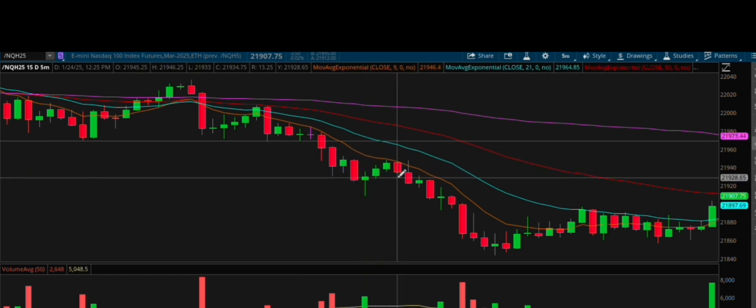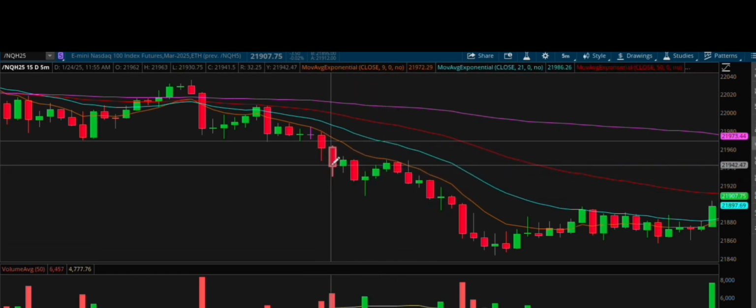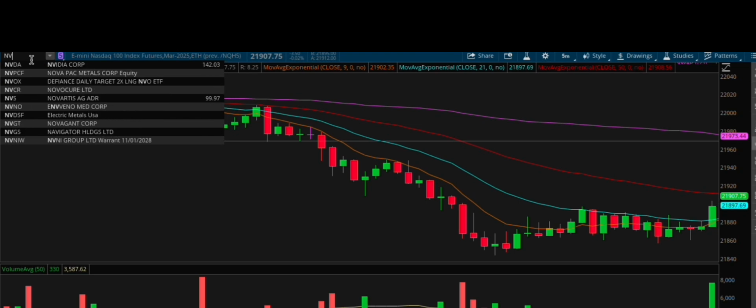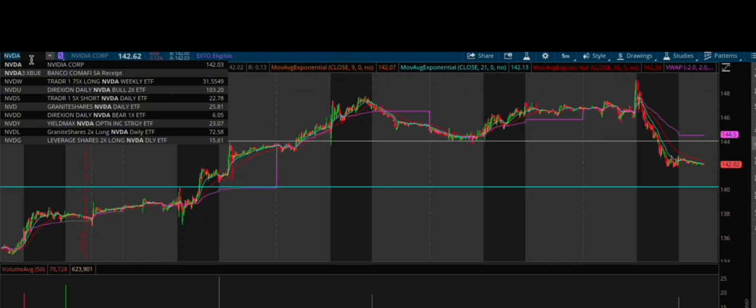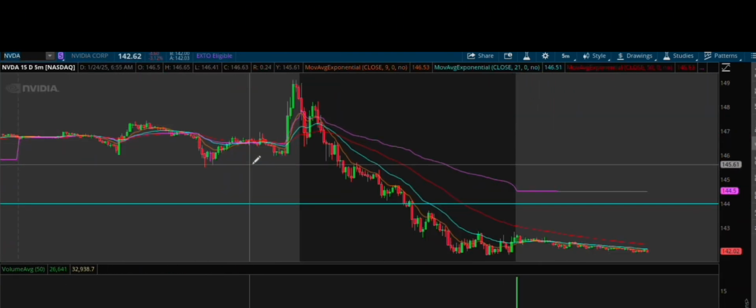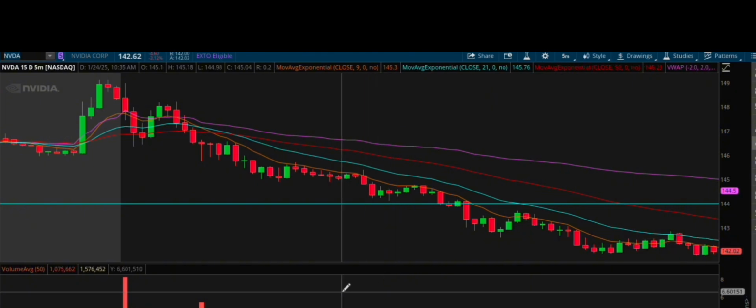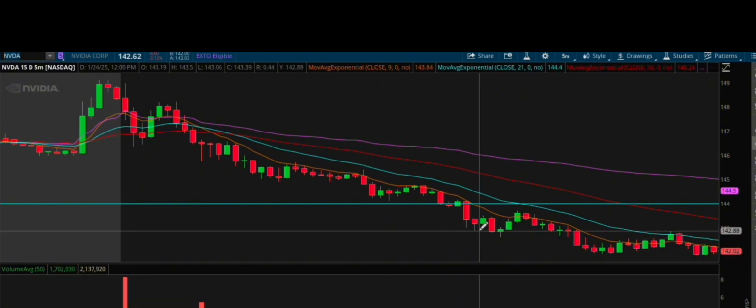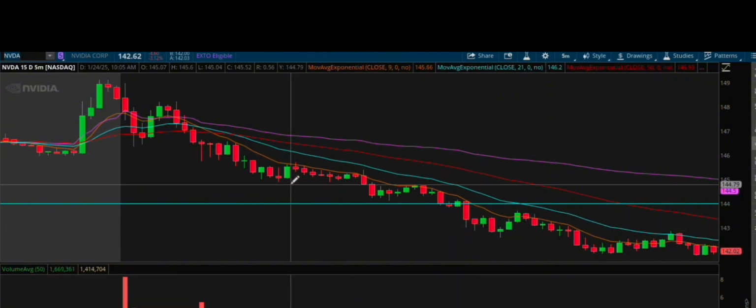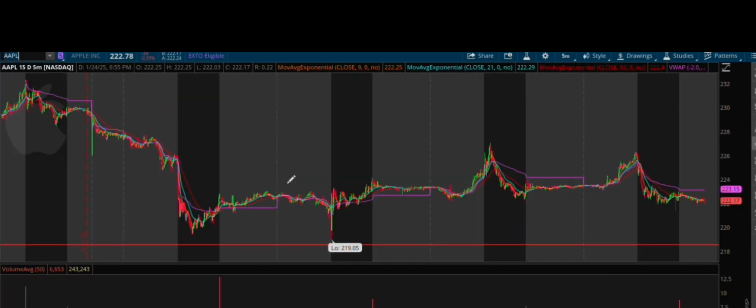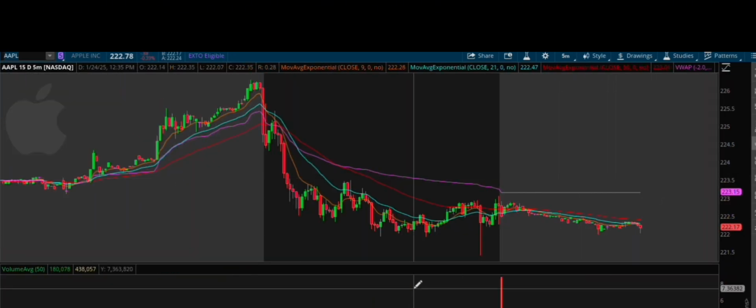Now if you look here, the break was around 12 o'clock. If you go back to Nvidia, Apple, and Microsoft, you can see around 12 o'clock it's trending down on Nvidia, below its EMAs.